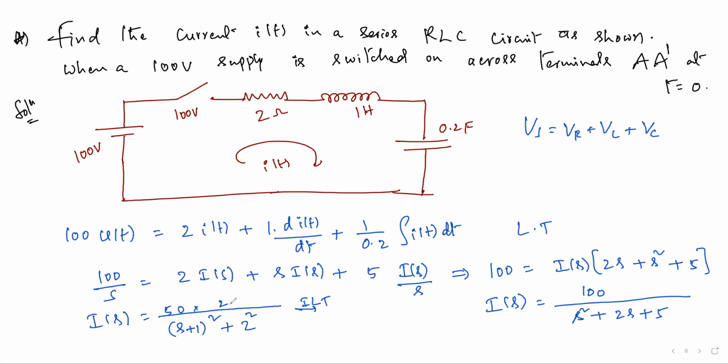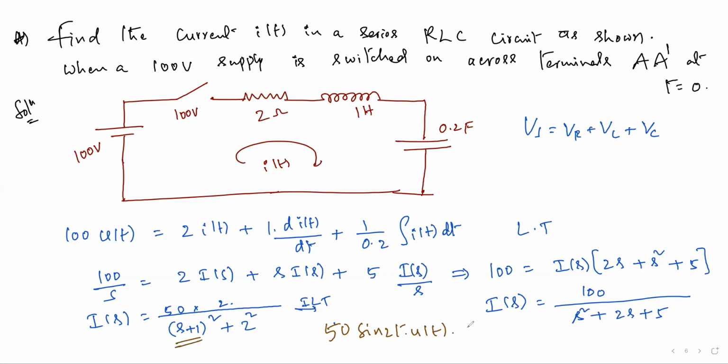So 50 outside, omega by omega square plus s square. That will become sine, so this is 50 sine 2t, sine omega t. It is shifting in the s domain.